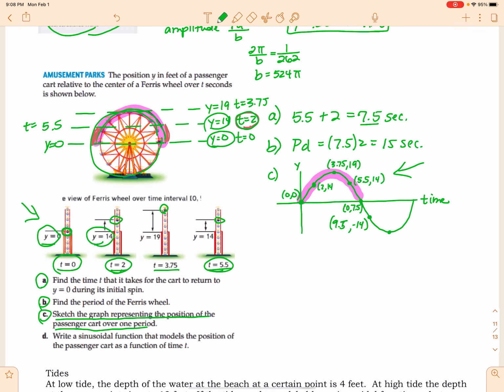And then we peak here, that's at negative 19, and how many more seconds have passed? Well, 1.75 more seconds have passed, so this is 11.25. And then we do this again, and that's negative 14. And this would be 13 seconds, and then right here, that would be 15 seconds and 0.